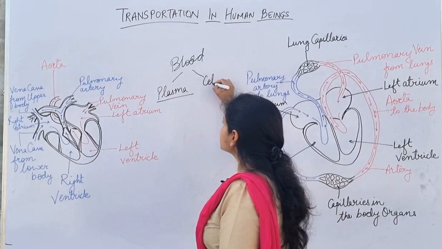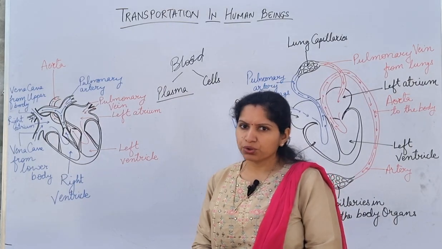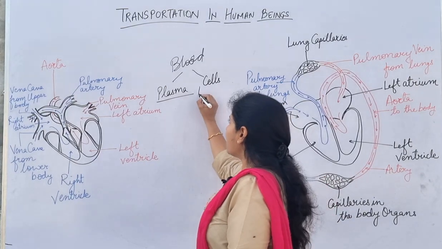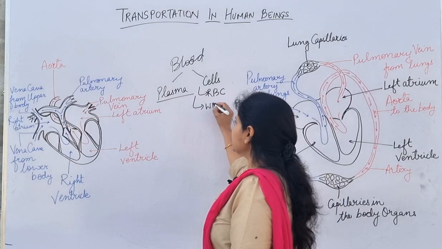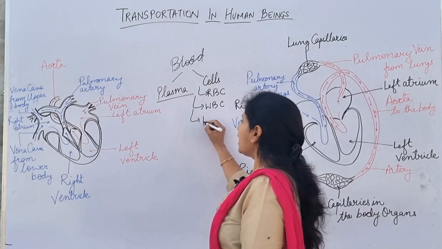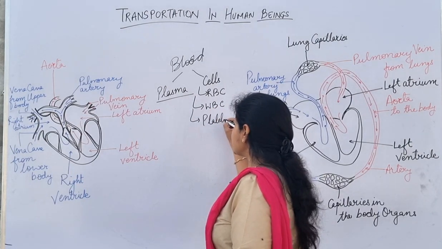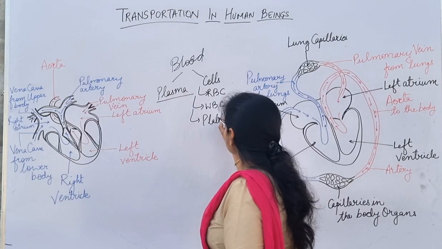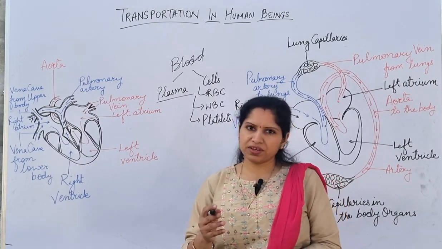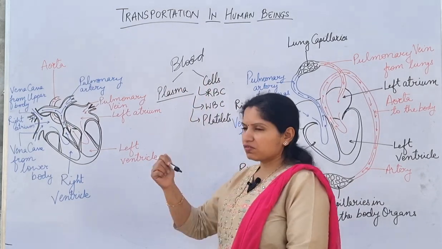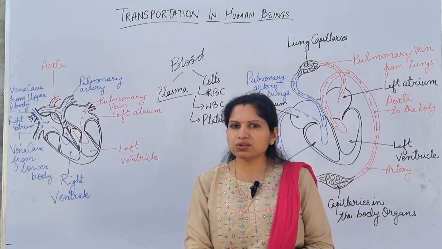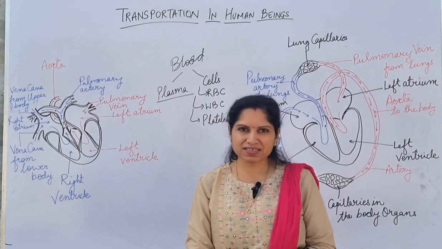And the other is cells that are present in the blood. Which cells are present? The RBC, that is the red blood cells, WBC, the white blood cells, and the third one is platelets, about which we have seen just now only. Okay, so these are the components of blood. The fluid part of the blood is known as plasma. That can come as a 1 marks question.